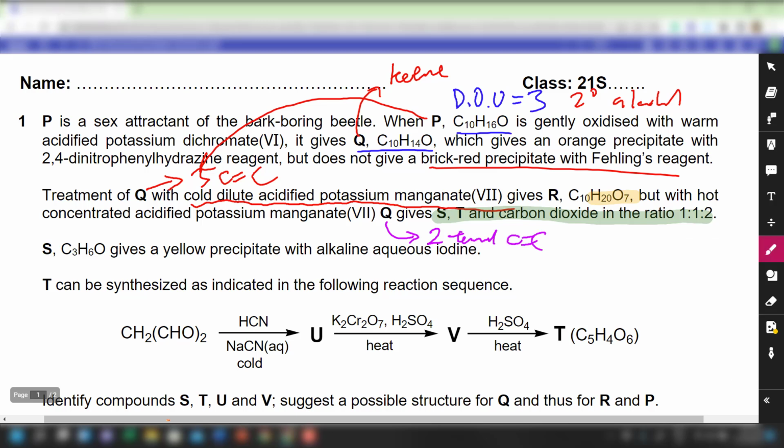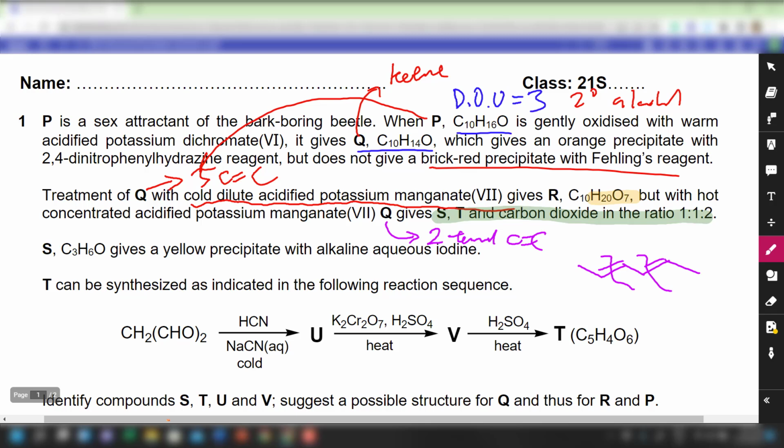Some of you might argue that it need not be a terminal C=C double bond. It could be consecutive C=C and C=C, because in the middle, if you get ethanedioic acid, you will still get 2 CO2. That is a plausible conclusion, but later on, as we work through the problem, you will know that that is not the case.